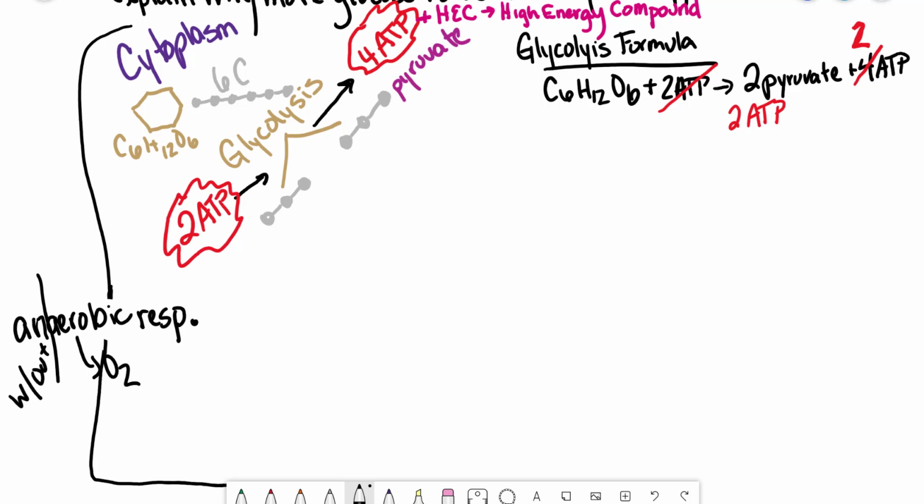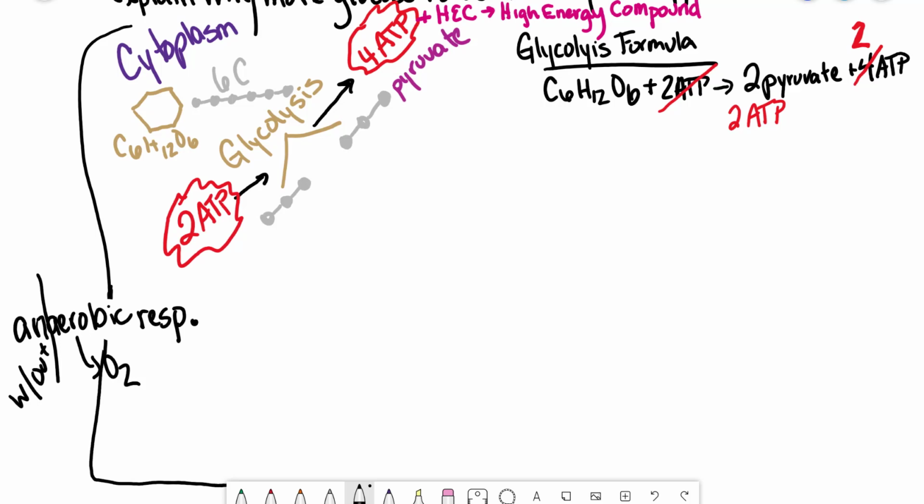So like I said, so far we haven't used any oxygen and we are still in the cytoplasm. So at this point, depending on what organism we're in, is going to depend on what type of anaerobic respiration we undergo. So at the end of glycolysis, we have pyruvates, and we have 2 options of where we want to go from here.